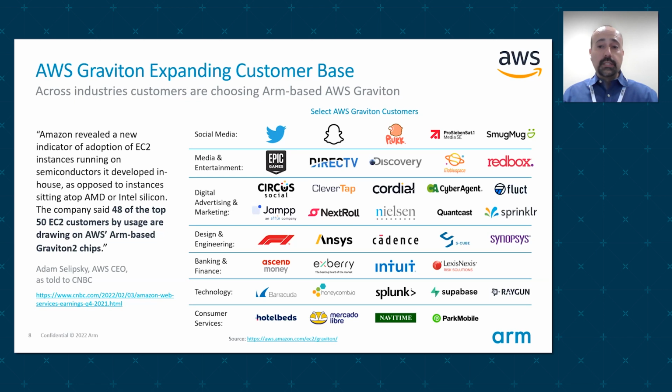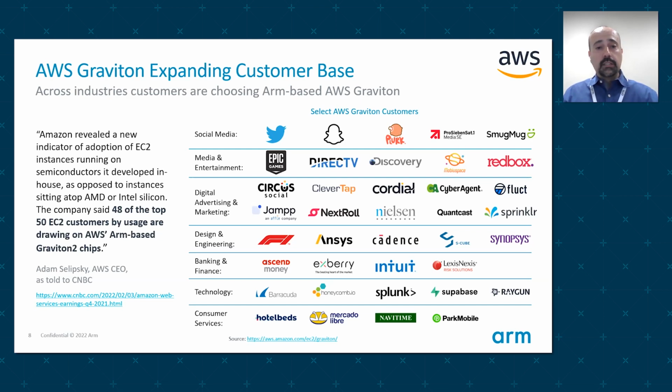Alongside this growth in instance types, AWS services, and third-party ISV options, you are now seeing more and more customers making the switch. Across the spectrum, customers in social media, media and entertainment, digital advertising, design engineering, finance, technology, and consumer services are all making the change to Graviton and seeing great results.